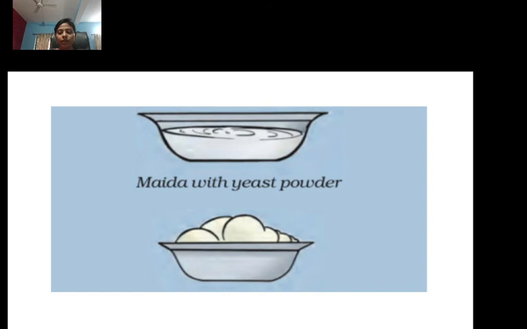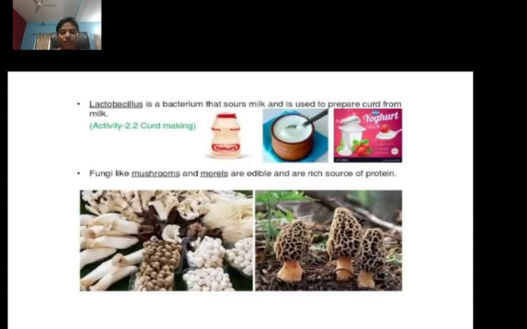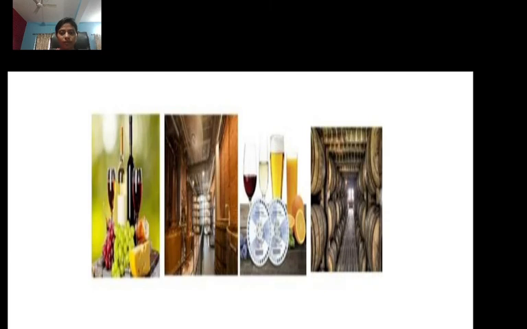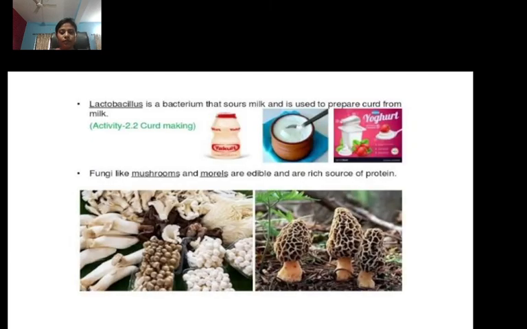Now you have to list five positive impacts of microorganisms through these images. First, this image. This is the second image. Now you have to list the uses of microorganisms.